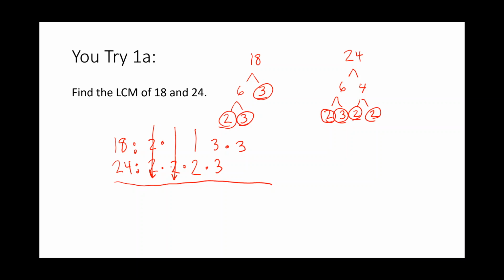Drop each and every column this time. Drop the 2, drop the 2, drop the 2, drop the 3, drop the 3. 2 times 2 times 2 times 3 times 3 happens to be 8 times 9, and that is 72. So 72 is our least common multiple.